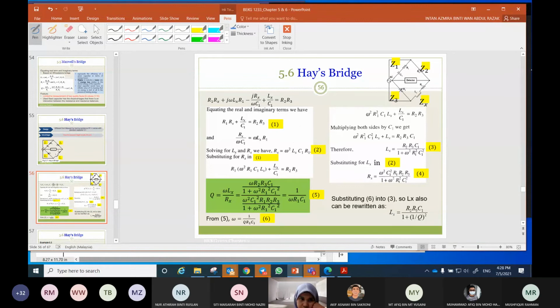So at balance condition... Okay, class, now your task is to find what is Z1, Z2, Z3, and Zx, and then substitute into the balance equation.